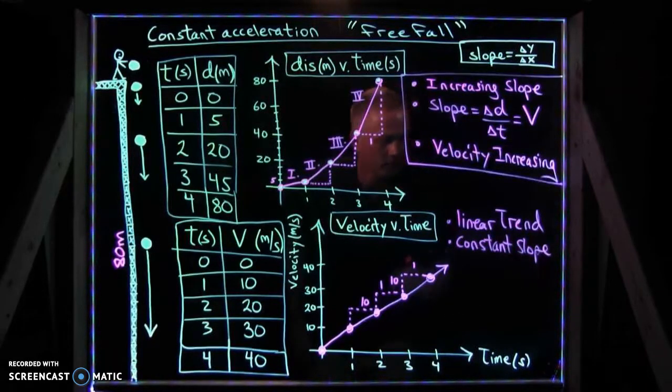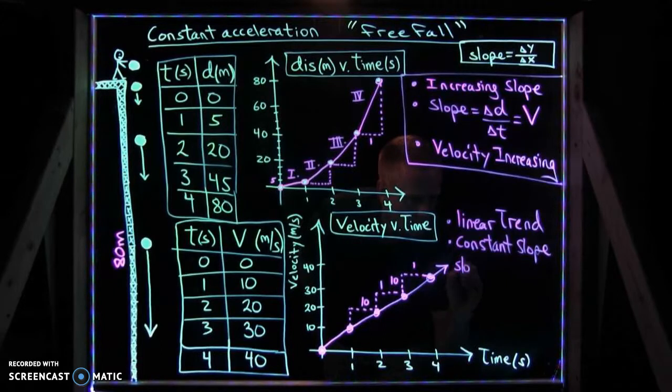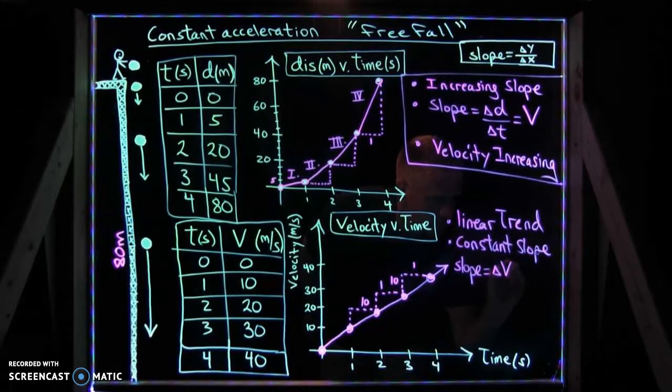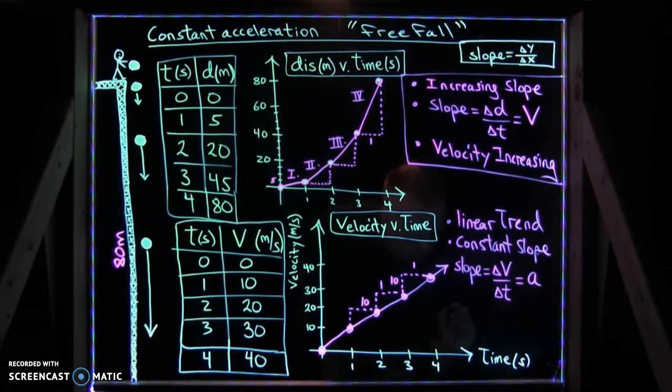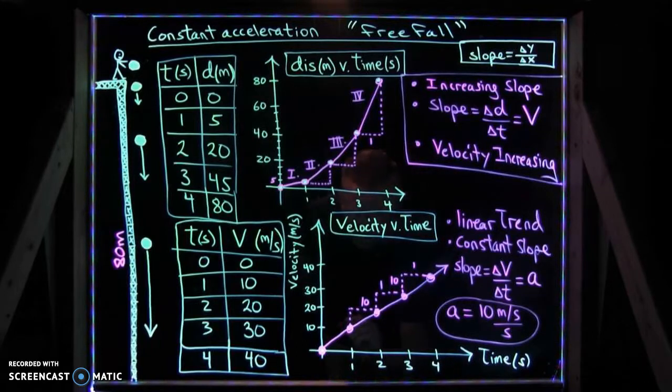And if you calculate the change in the y variable, change in velocity per unit change in time, which is your slope, you are actually measuring the acceleration. And in this case, the acceleration, or slope, measures 10 meters per second each second. And that's a constant rate every second of time.